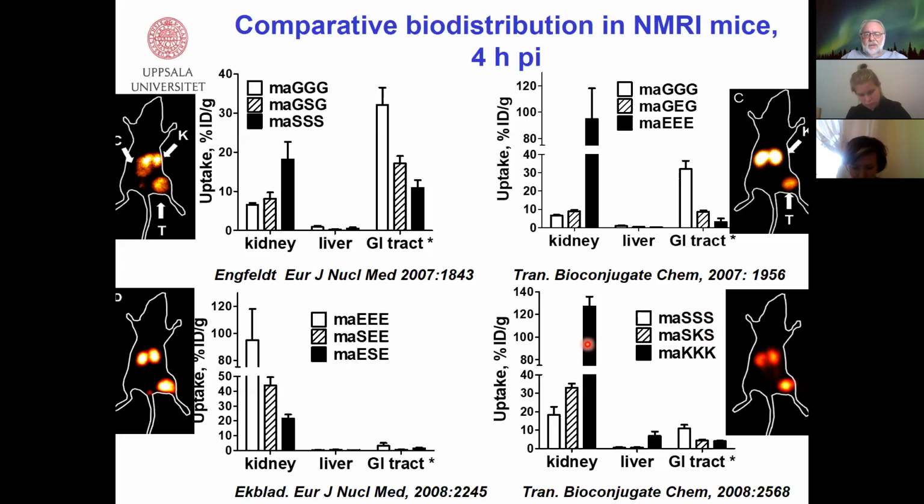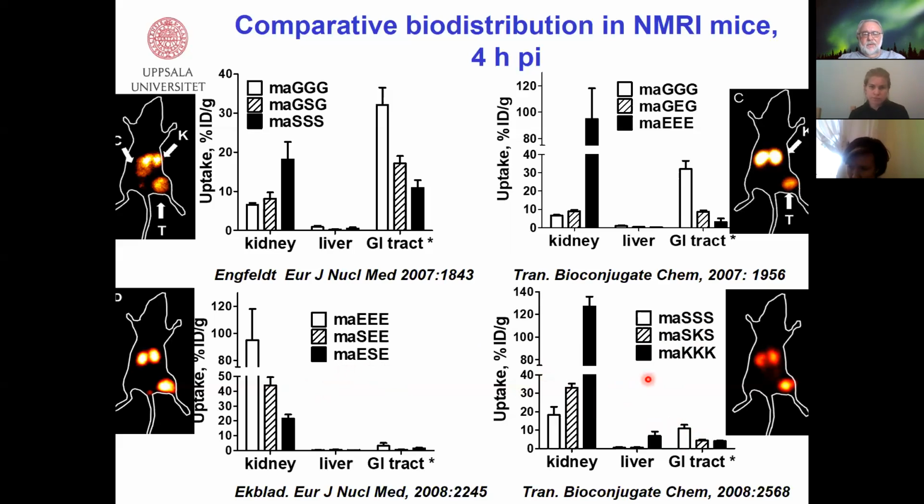Interestingly, with the mercaptoacetyl serine, lysine, serine sequence, we had quite low gastrointestinal tract activity, with slightly high kidney uptake, approximately at the same level as with the ESE sequence.